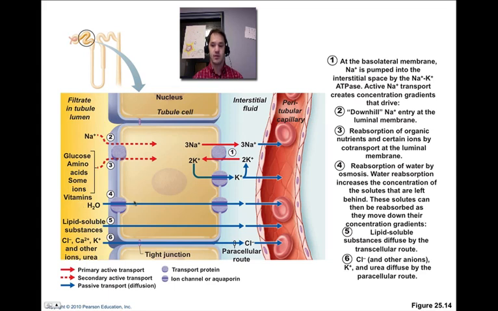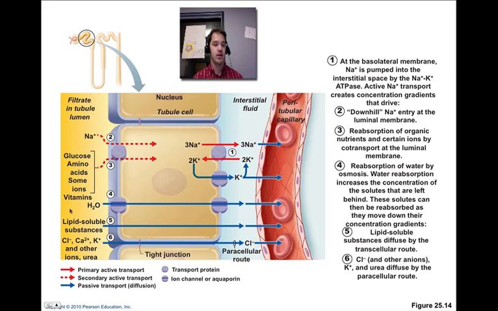So water gets reabsorbed by osmosis, and when water leaves, it increases the concentration of solutes, the osmolality of solutes that are left behind, so it creates an even bigger gradient for solutes to move down their concentration gradient. Lipid-soluble substances just diffuse through a transcellular route, across the cell membrane, because they can freely diffuse into cells and across cells and into the blood.